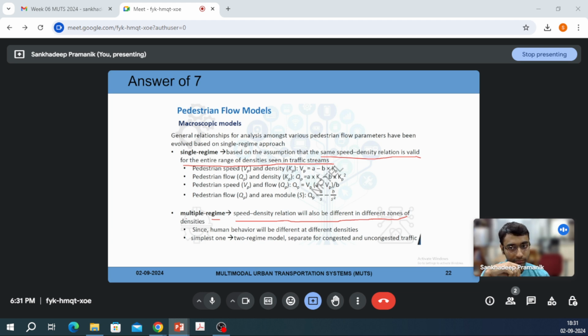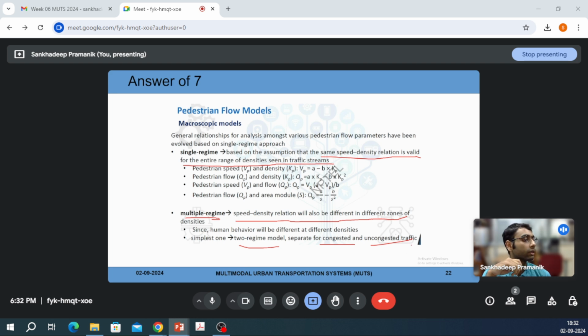So in multiple regime, the speed may be different at different densities, and for the simplest case we generally consider a two regime model, where it is separated for congested and uncongested cases.